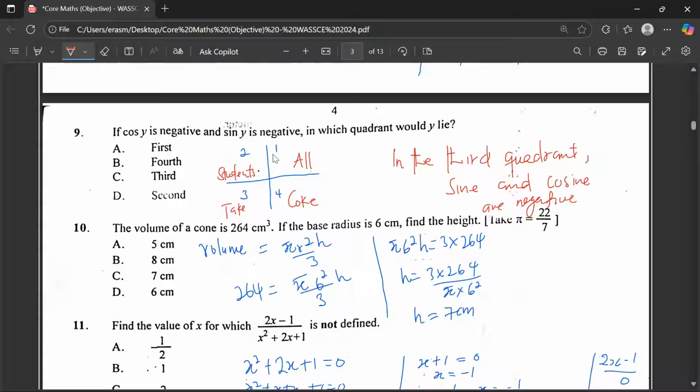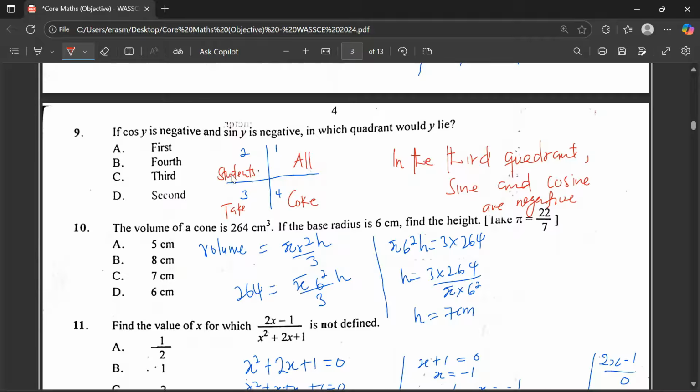In the first quadrant, all the trig identities, that is the sine, cosine, and tangent, are positive. And then we usually use this statement to recall it: all students take Coke. And so we have the all here. That implies all of the trig identities are positive here.